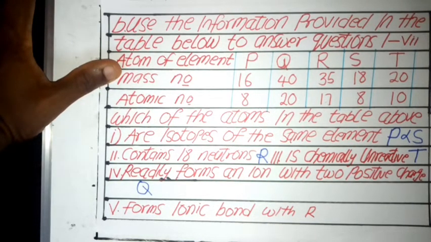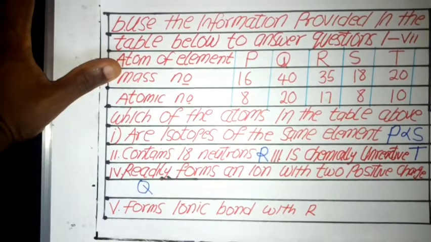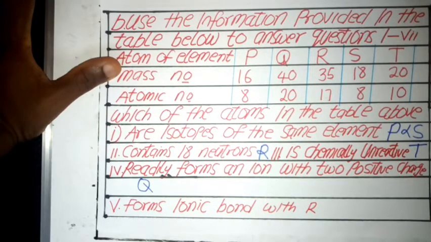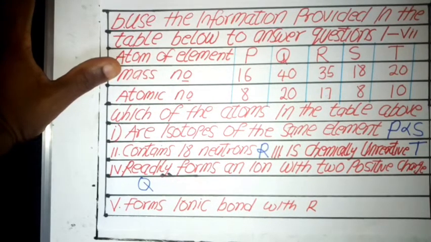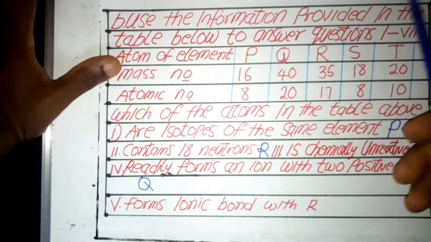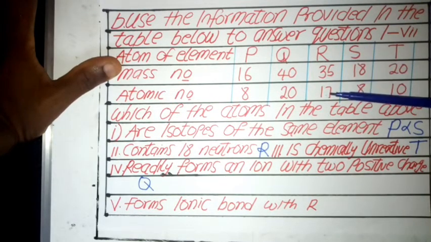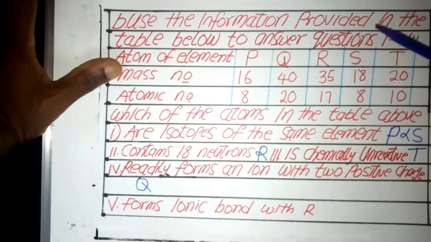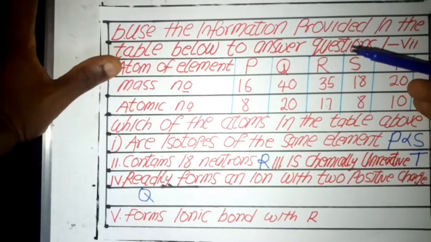Then this one: forms ionic bond with R. Forms ionic bond with R. So remember, R is chlorine, right? 17 is chlorine. So what will form an ionic bond with chlorine should be a metal.